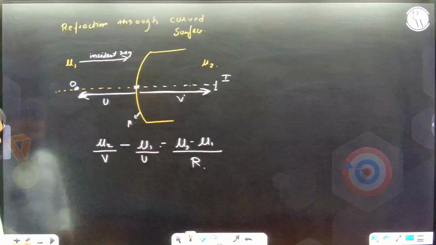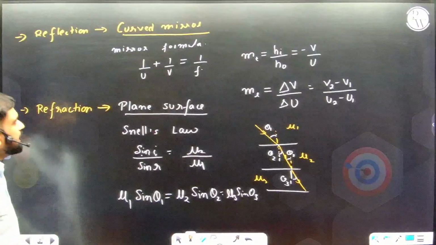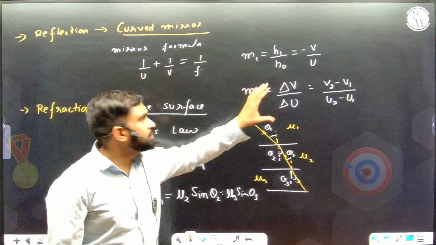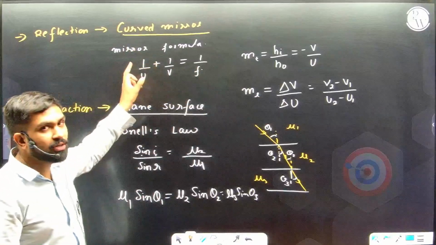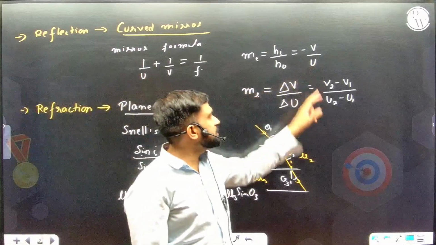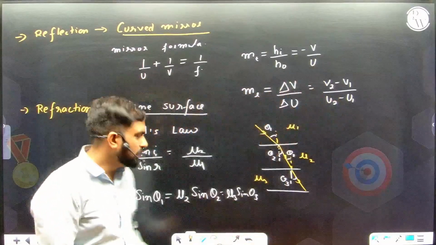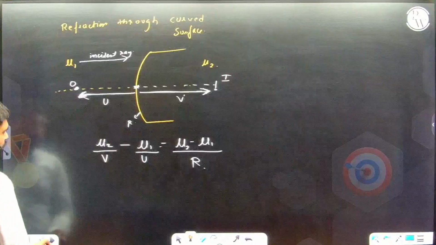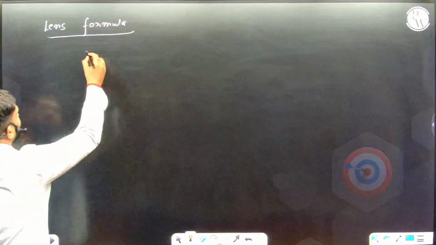These were the formulas for spherical mirrors, curved mirrors. Wherever you see the object distance U, you just replace it with minus of U and you get all the lens formulas.